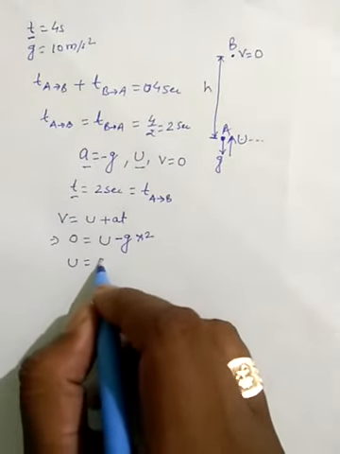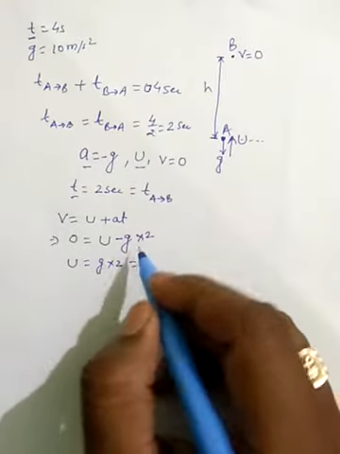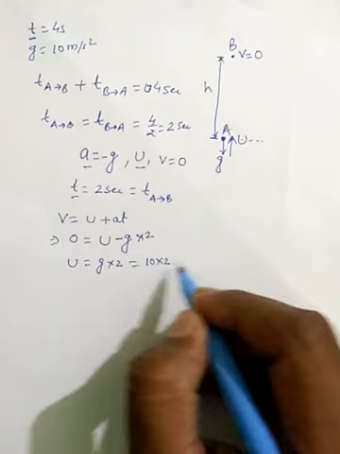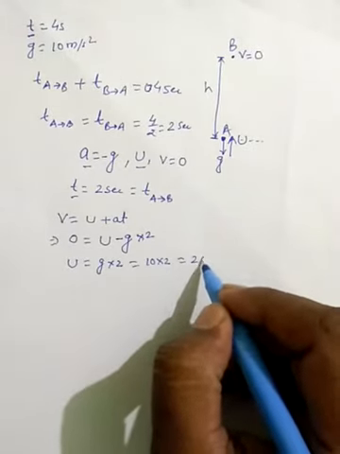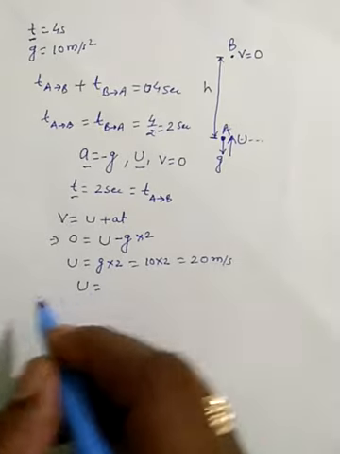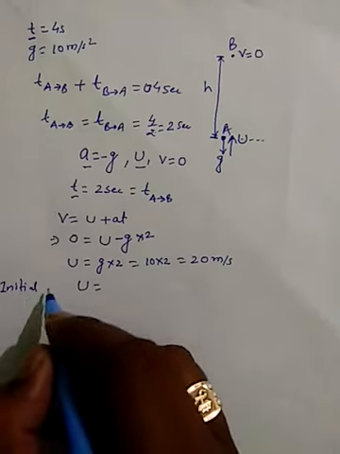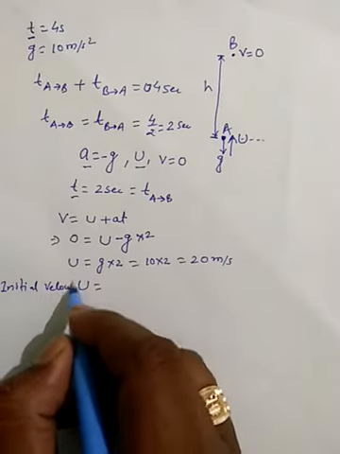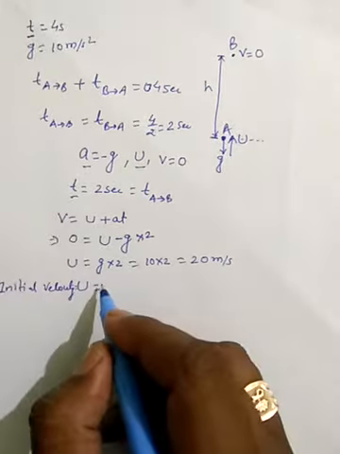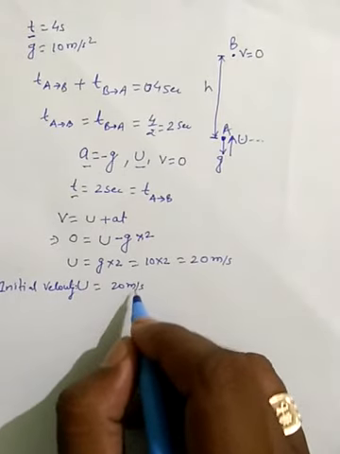Therefore u equals g into 2. g is given as 10 meter per second square, so 10 into 2 equals 20 meter per second. This is the initial velocity of the stone, u, equal to 20 meter per second.